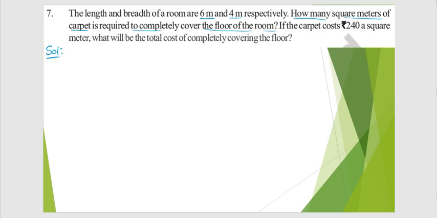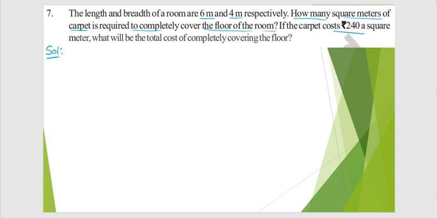That means here we are going to find the area of that particular rectangle. Next he has given cost, so based on that we are going to decide how much the carpet will cost.